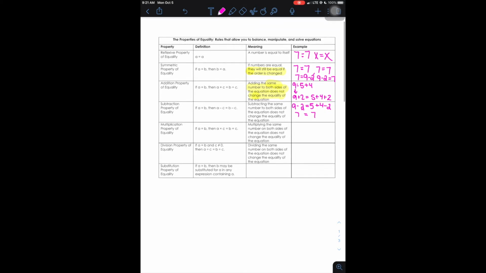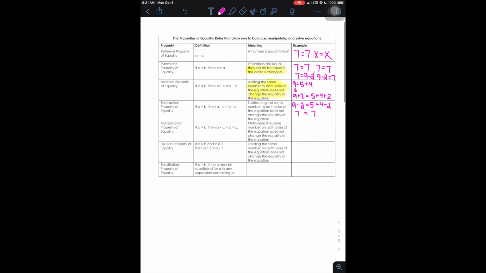Let's continue to explore. It holds for multiplication as well. So if two numbers are equal to each other and I multiply them by the same number, I'm still going to have that same equality. So if I have 9 on this side, I'm going to just multiply it by 2.